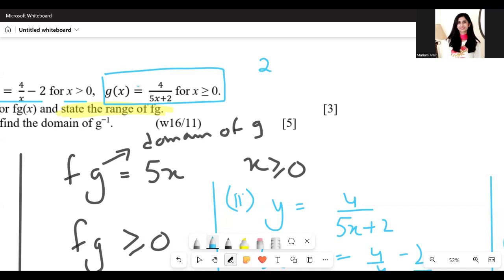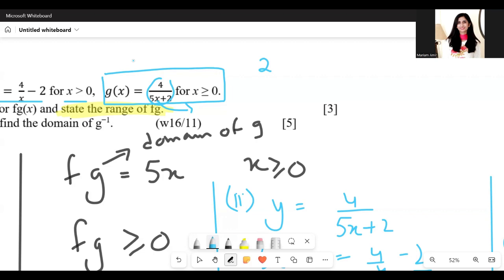Okay. And then as you keep increasing the value of x, like it becomes 30, then 50, then 70, 80, and 5,000 maybe, then notice that this fraction starts to get smaller and smaller because the denominator keeps getting bigger and bigger. So 4 divided by a very big number is almost equal to 0, but not equal to 0.